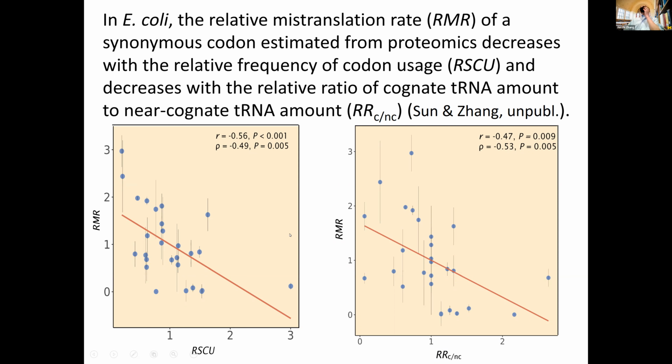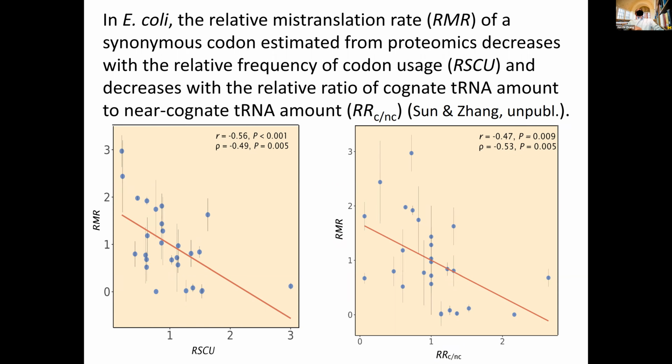And what is the mechanism of that? Well, we don't know exactly, but we found a correlation that suggests a mechanism. The x-axis is the relative ratio of the cognate tRNA concentration to the near-cognate tRNA concentration. Cognate tRNA is the one that matches the codon. Near-cognate tRNA is the one that has one mismatch with the codon.